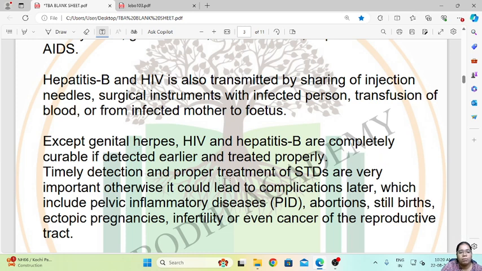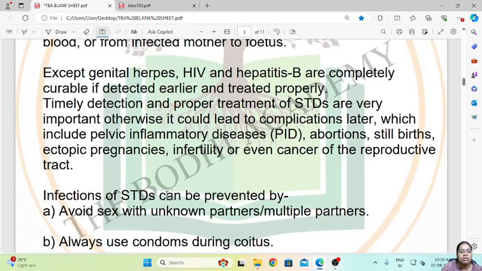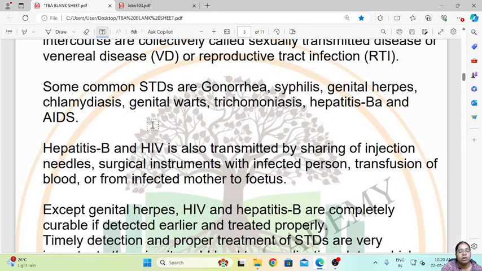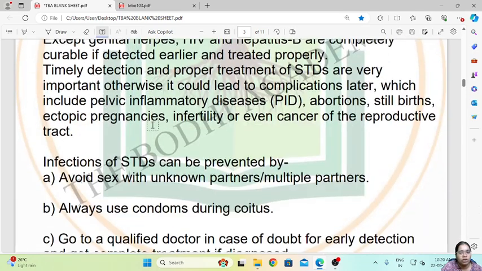Timely detection and proper treatment of STDs are very important, otherwise it could lead to complications later, which include pelvic inflammation, abortion, stillbirths, ectopic pregnancy, infertility, or even cancer of the reproductive tract. So these are some types of STDs and how they are caused.